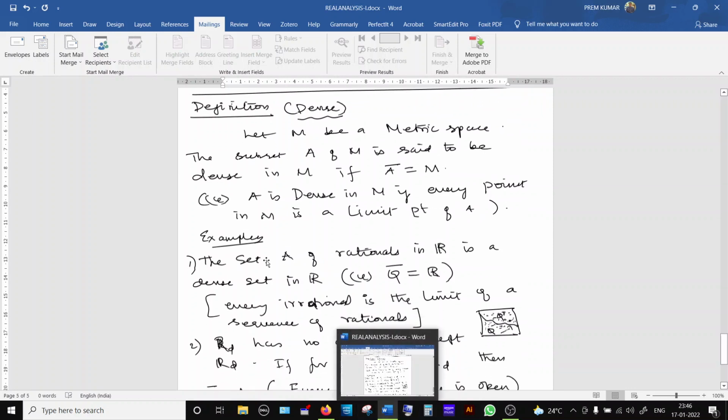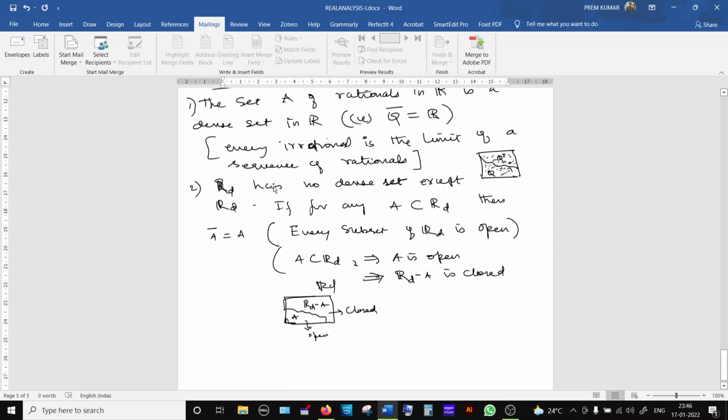Here, every subset of R_d is open. This is the important result. Whatever subset we take, it should be open. A is a subset of R_d, therefore it is open, which implies the complement is closed.